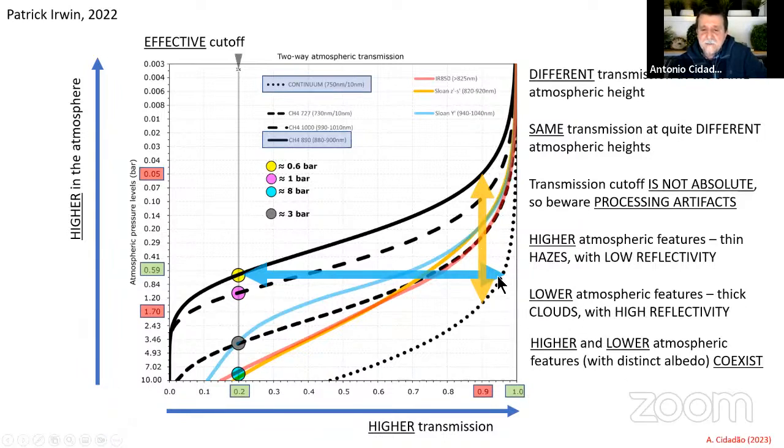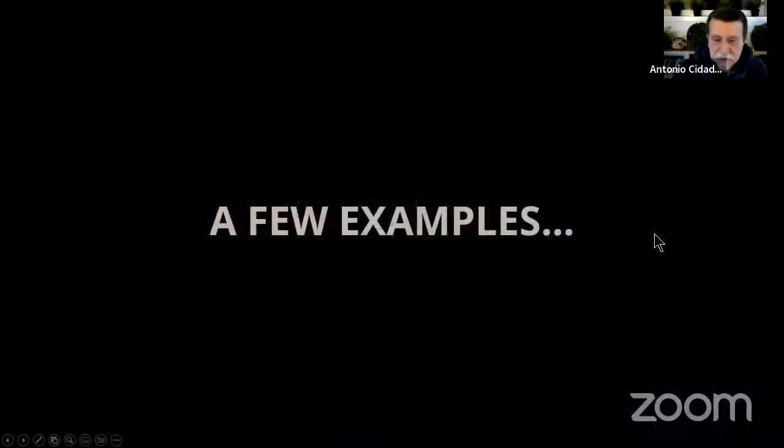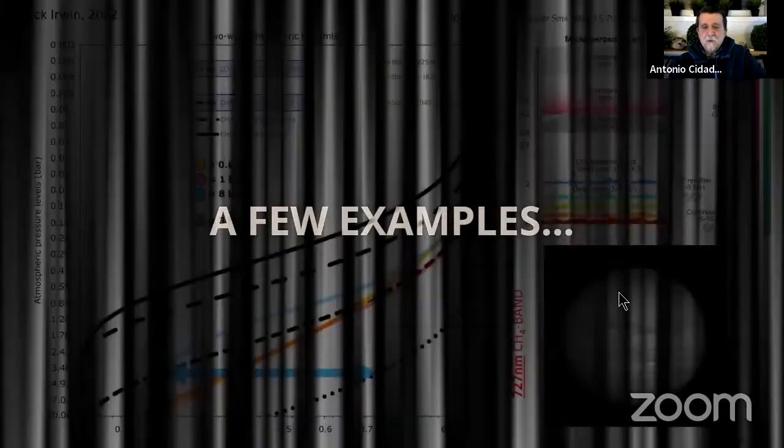So this kind of information usually is confused with the relevant information that I referred to. However, the picture is complex because higher and lower clouds coexist in the Jovian atmosphere, and this has to be taken into consideration.